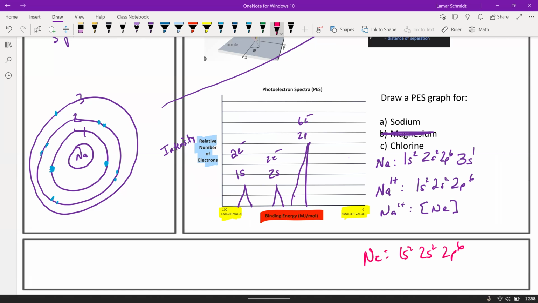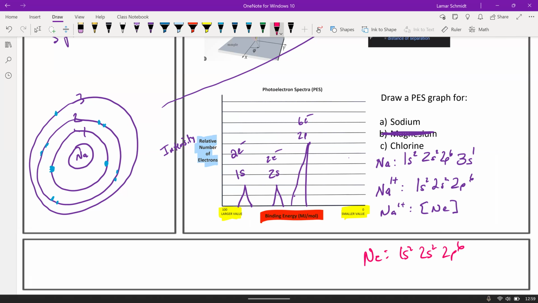Now, where's the 1s peak for neon relative to what we see on the graph already, which represents the sodium ion? Where would it be, to the left or to the right? If we say to the left, we're saying that neon would have a greater binding energy or greater attraction.